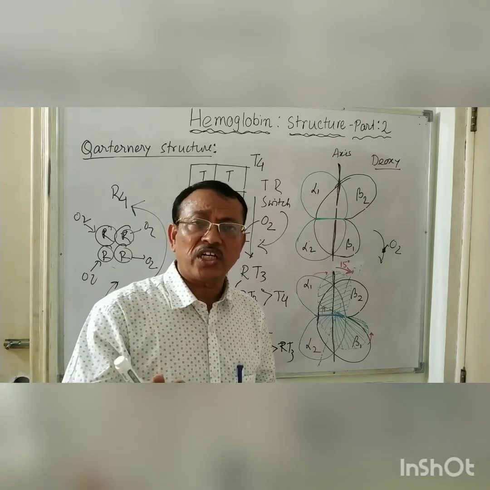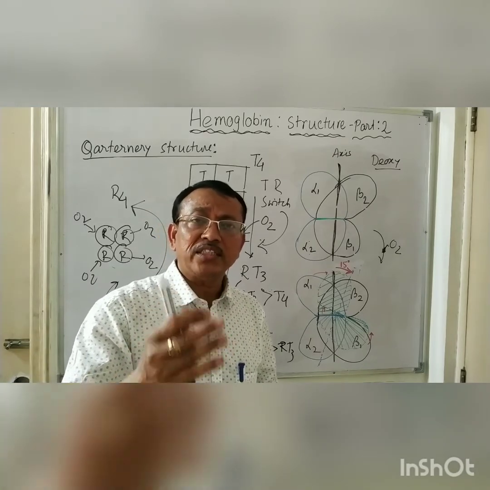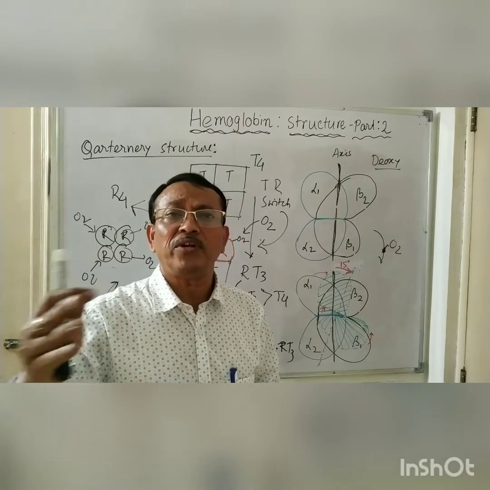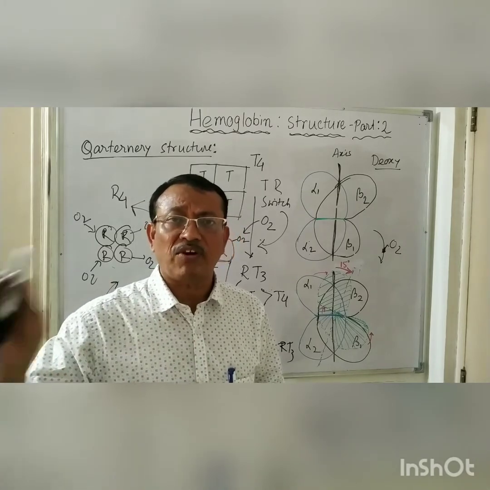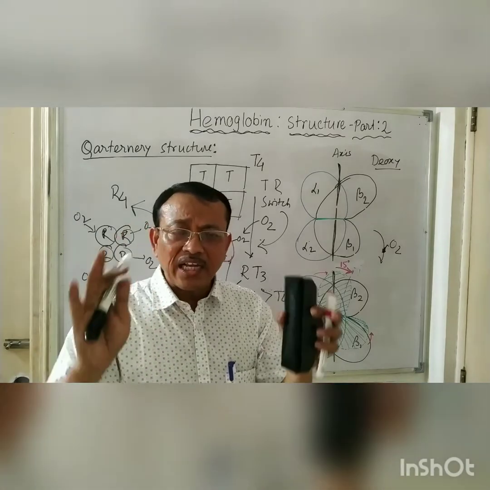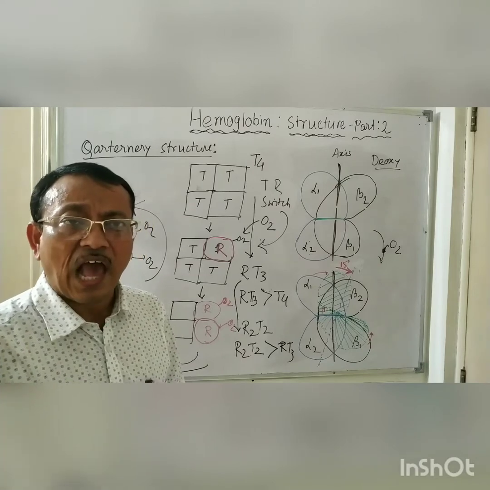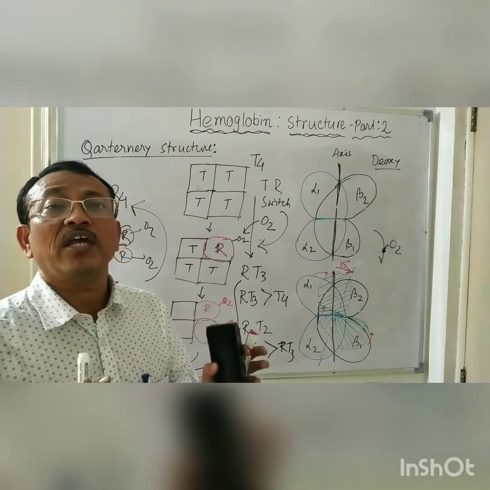Binding of the oxygen towards hemoglobin molecule is getting facilitated, getting easier in each and every step, in step-wise manner. The entire phenomenon is known as allosteric activation of hemoglobin molecule.